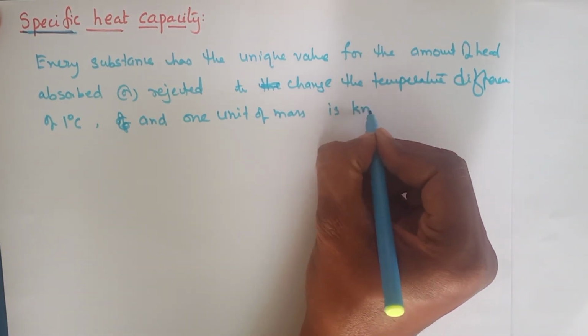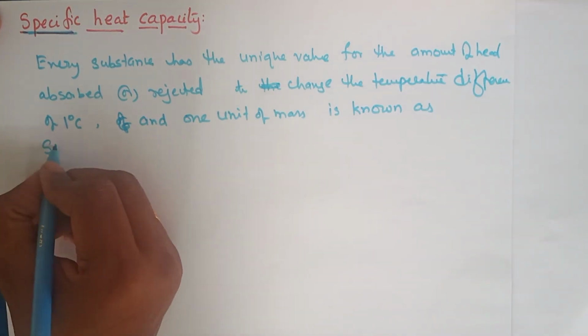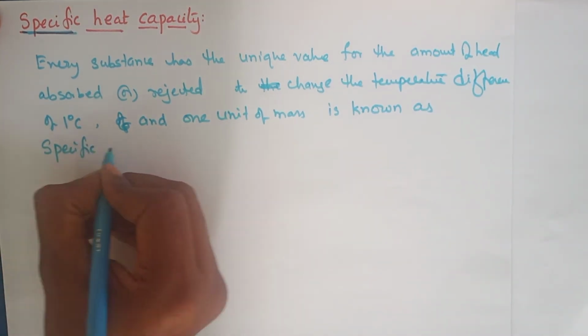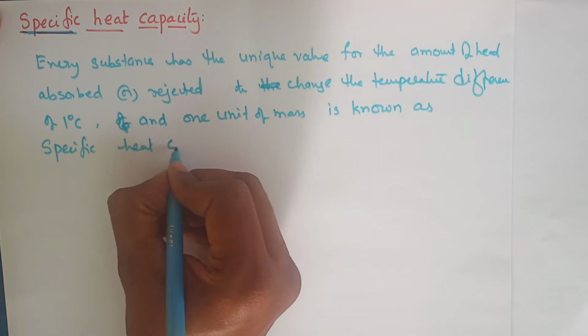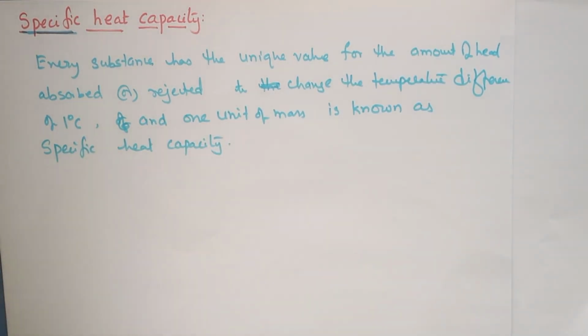This is known as specific heat capacity. It means the amount of heat required to raise the temperature of the substance by 1 degree centigrade, where the amount of substance is taken as 1 kg.